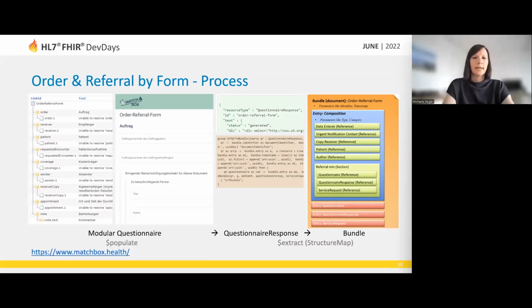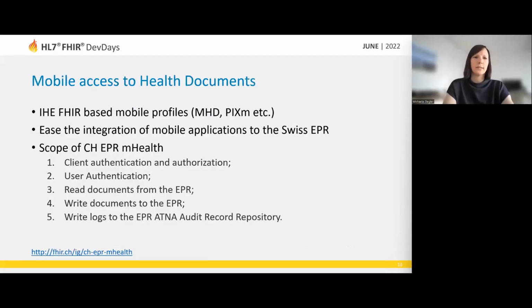In addition to these IGs on exchange formats, we have IGs that support mobile access to the Swiss EPR. With the national extension CH EPR mHealth, we want to ease the integration of mobile applications to the Swiss EPR by extending the IHE FHIR-based mobile profiles.